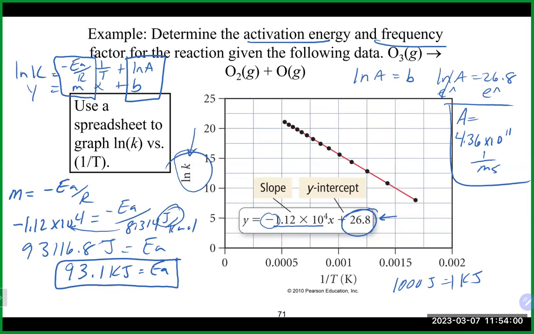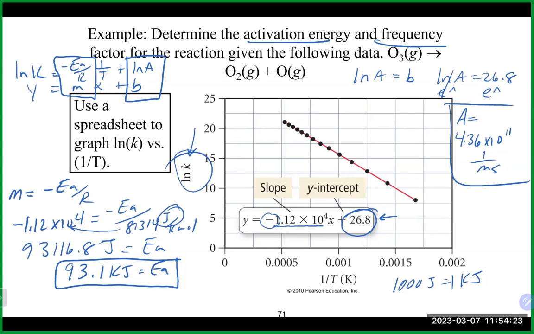Other questions? Yes. No, you're not. A is the frequency factor. So it's basically the proportion of molecules that have enough energy really to get up and over to the other side.